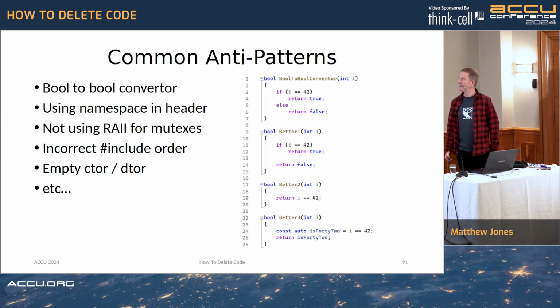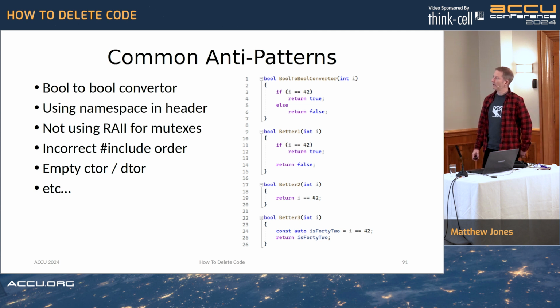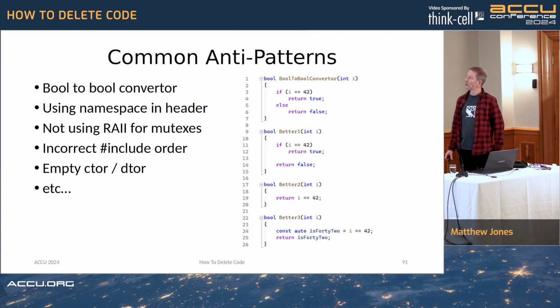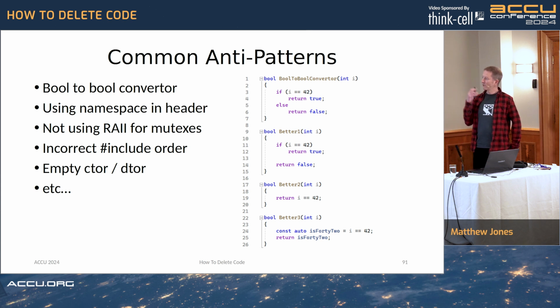There are many, many common anti-patterns that can be deleted or fixed. It's an almost infinite list. One of my favorites is the bool-to-bool converter, so I've put it up there.